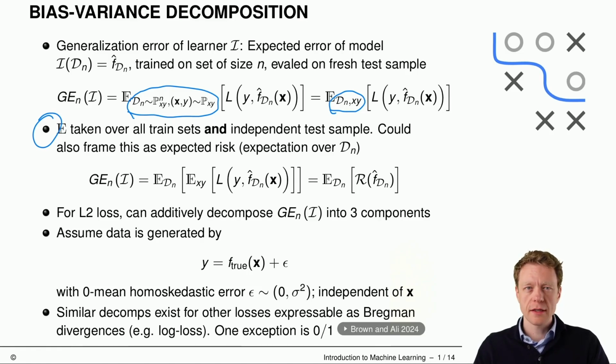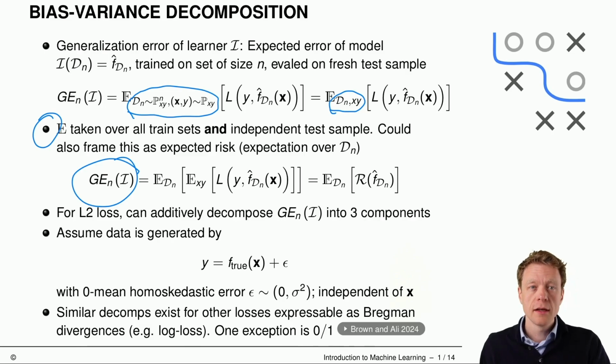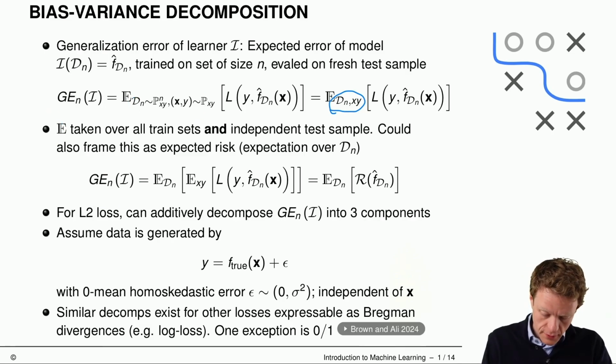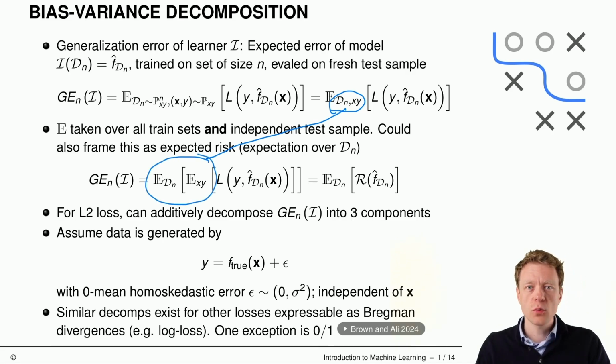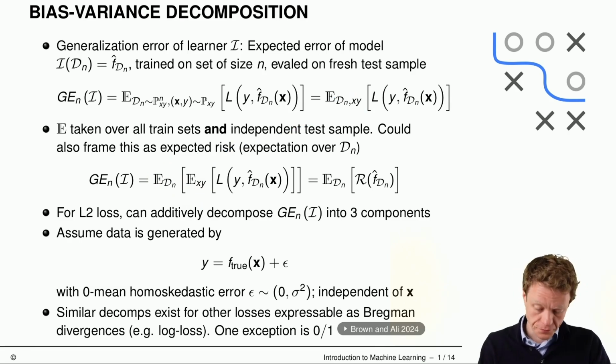Perhaps it is more intuitive if we frame this as expected risk and expectation over the different training data sets that we can use. We can write this also as a double expectation, so we take the expectation with respect to the new test data and the training data that we use to train the model.